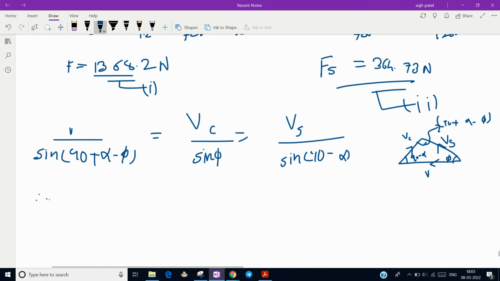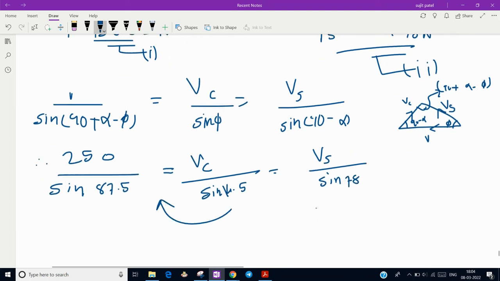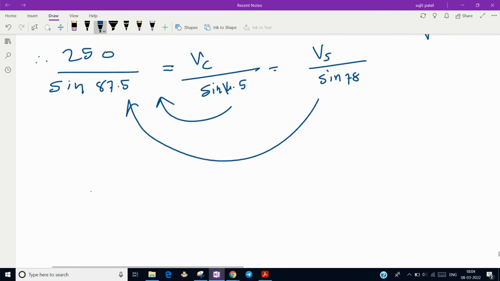Now we have the value of V, 250 meter per minute, and the values of alpha and phi: alpha value 12 and phi value 14.5. So here we will get V divided by sine 87.5 is equal to Vc divided by sine 14.5 is equal to Vs divided by sine 78. So solve this equation by comparing simultaneously.